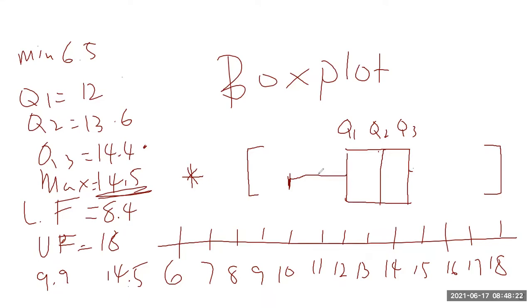So the longer of these is going to bear the name. Since the left side has the longer whisker, this is skewed left. If the longer one was on the right side, that would have been skewed right.